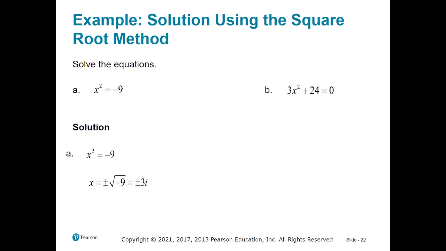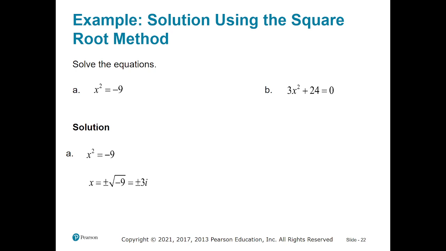Okay, for part B, we've got 3x squared plus 24 equals 0. So to do my square root method, I've got to move this 24 to the other side and then divide everything by 3. If I do that, I'll get x squared equals negative 8. Now I use my square root method that tells me x is plus or minus the square root of negative 8.